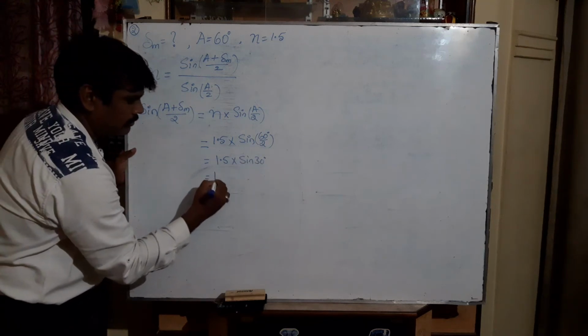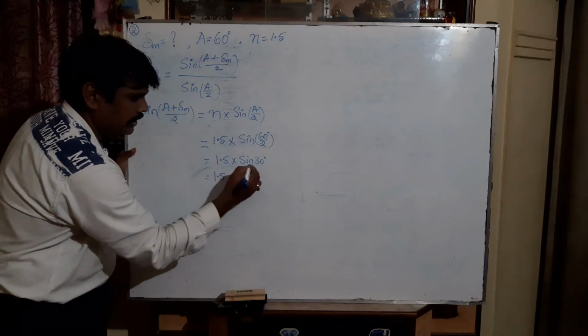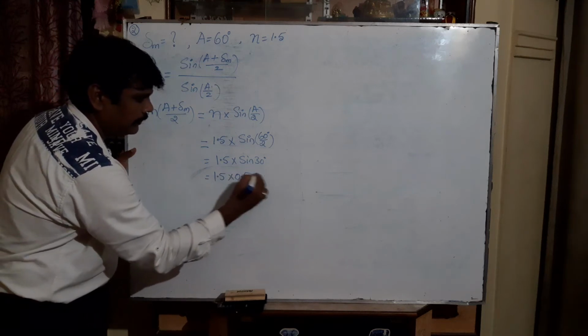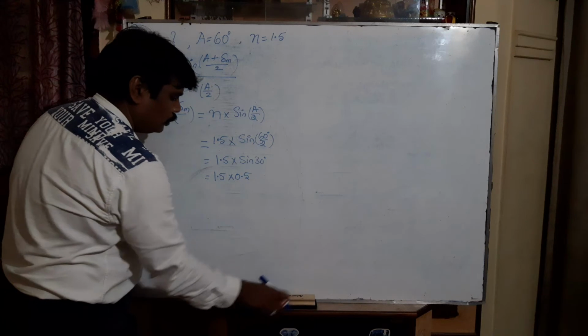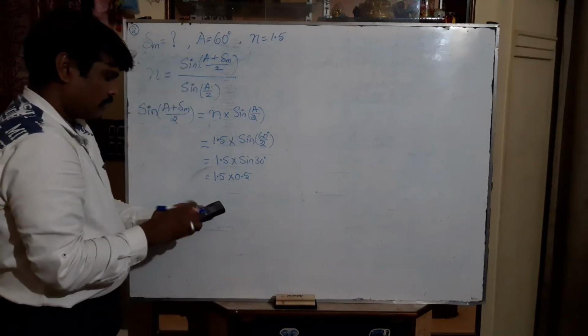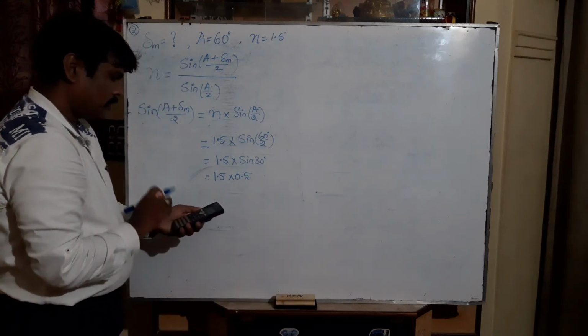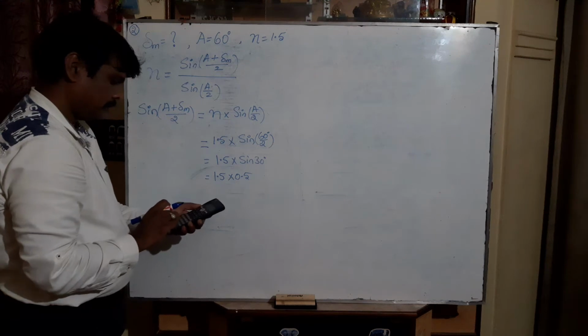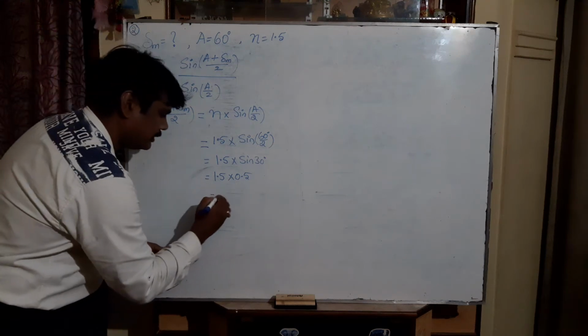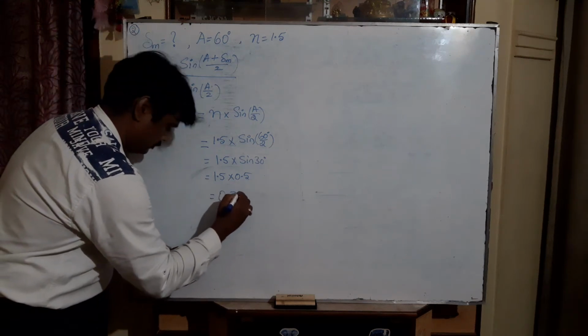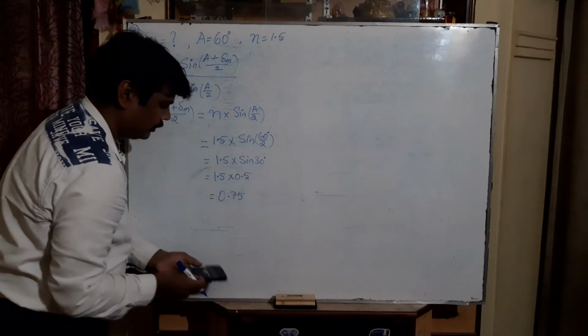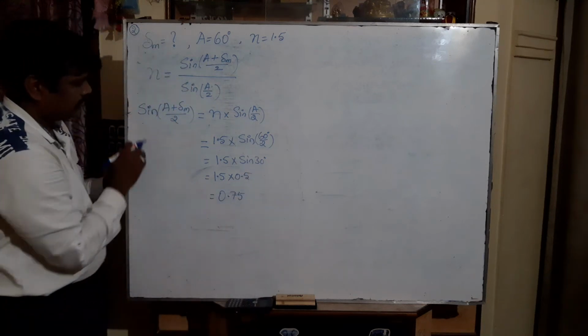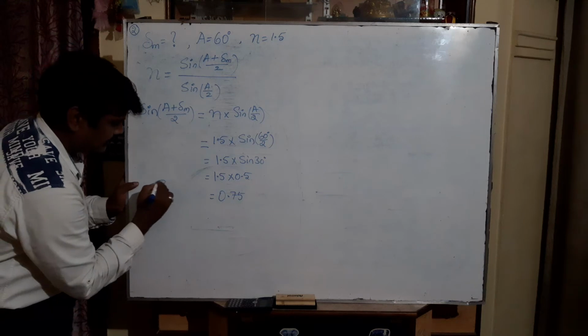Sine 30 is 0.5. The product of these two, 1.5 into 0.5, you get a value of 0.75.